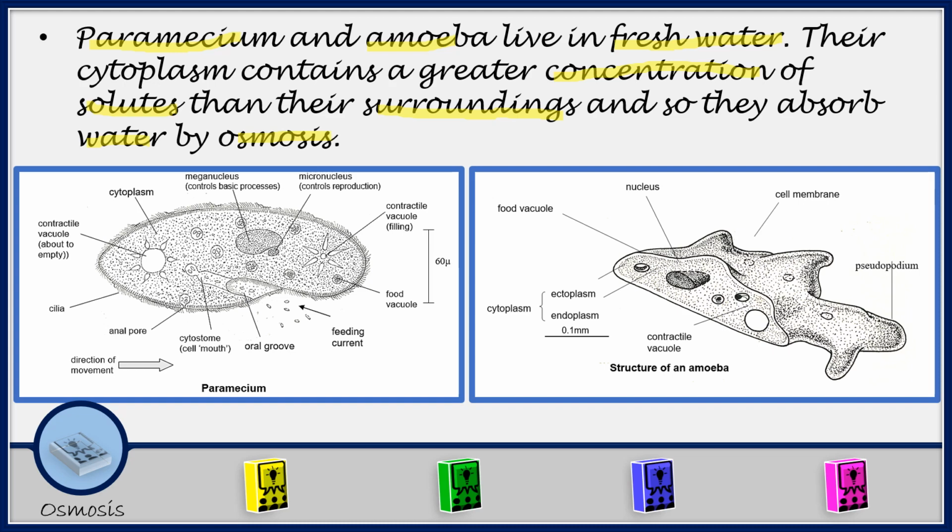The paramecium and the amoeba live in fresh water, but they have a high concentration of solutes inside their cytoplasm.